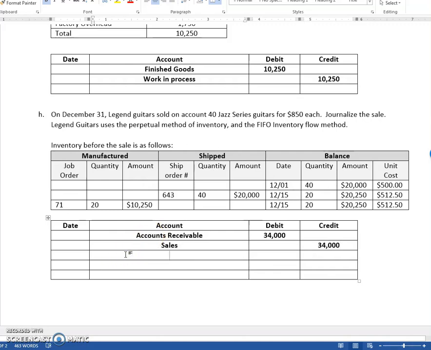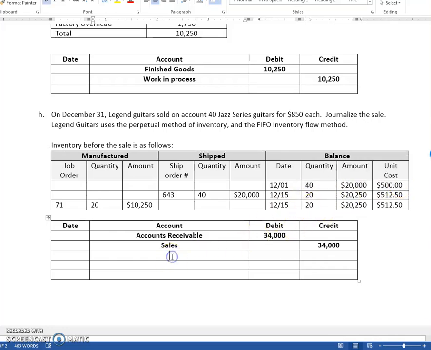And then we need to take care of our finished goods because we no longer have those since we just sold 40 of them. We're going to be doing first in, first out, which means that we're going to sell the oldest ones first. So if I look at my inventory list, I see that I had 40 from a previous amount manufactured, and those 40 cost me $500 each.